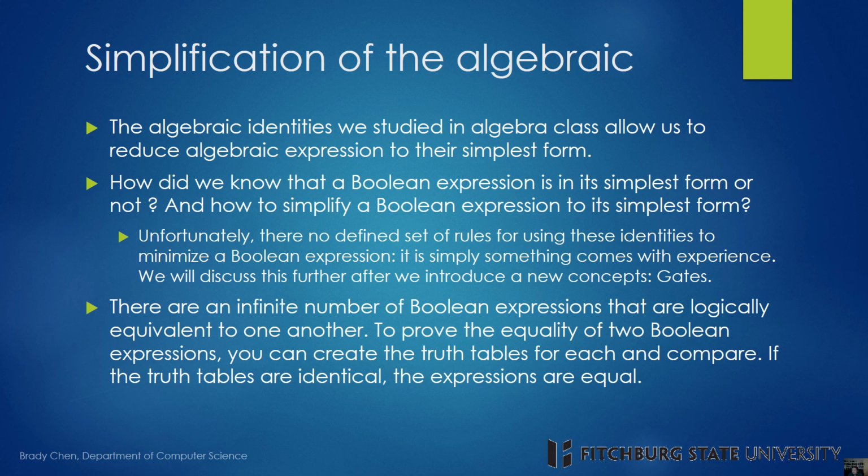Unfortunately, there's no defined set of rules for using these identities to minimize the Boolean expression. It's simply something that comes with experience. Okay.